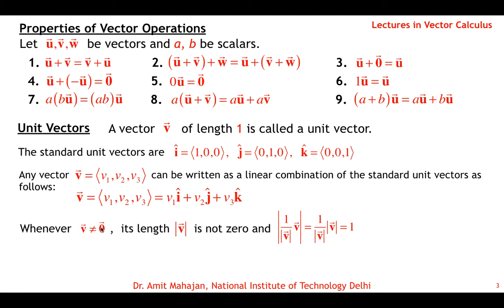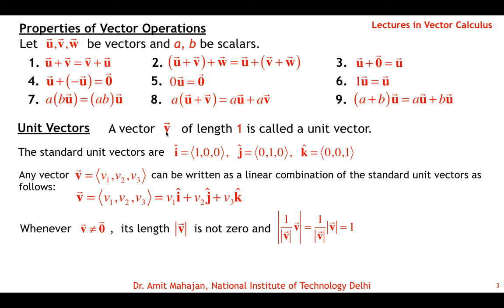Whenever v is a non-zero vector, the length of the vector, denoted by magnitude of v, is also non-zero, and this will hold that if we divide the vector by its magnitude, then the magnitude of the whole thing will be 1. So if I divide any vector by its length, the new vector has a length of 1.